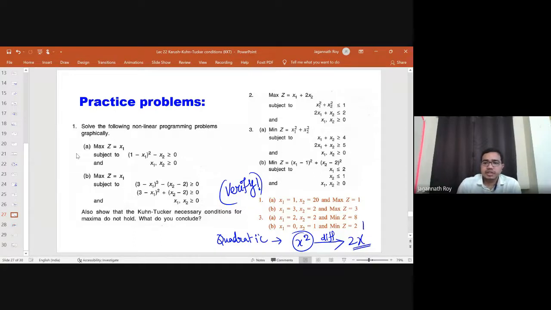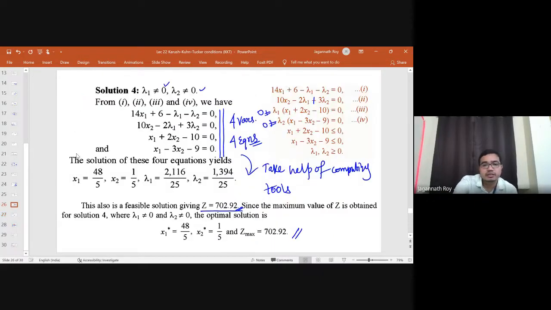That means it becomes linear. Whenever we have linear, then we can use the simplex method or the simplex algorithm, or we can use Karmarkar's method that we have seen earlier.